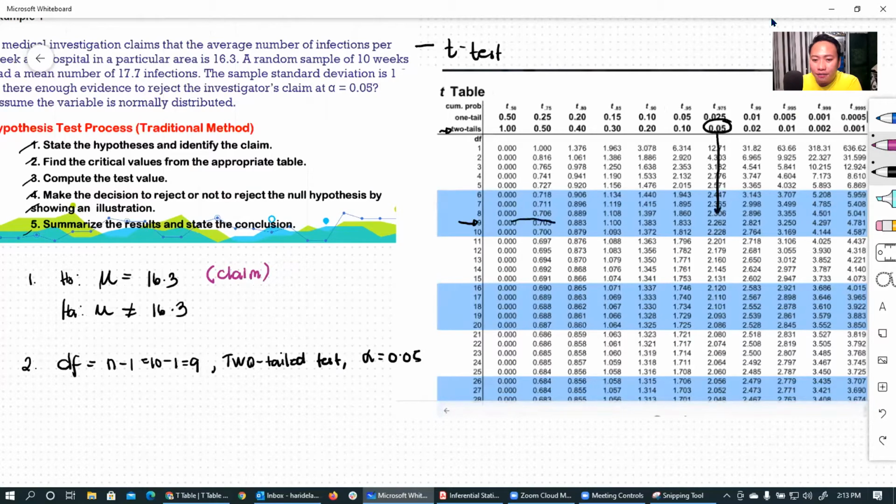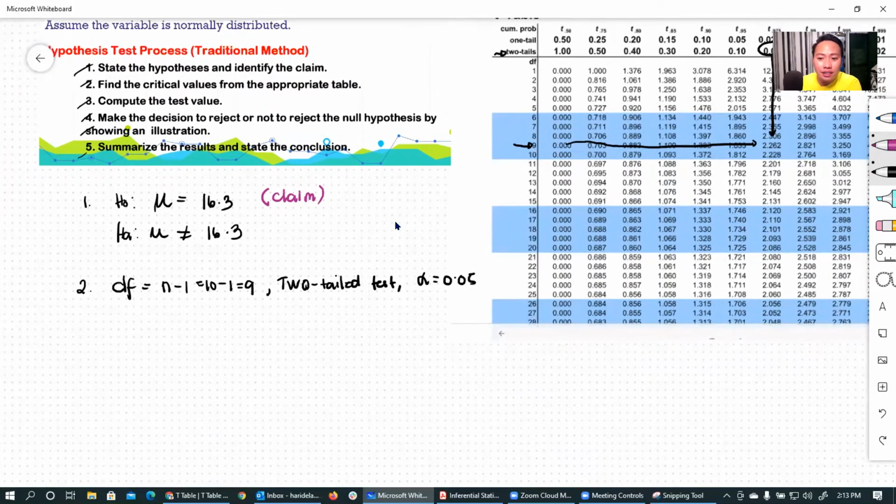So we have a critical value of 2.262. In other words, since this is a two-tailed test, one for negative and one for positive: 2.262 and negative 2.262.